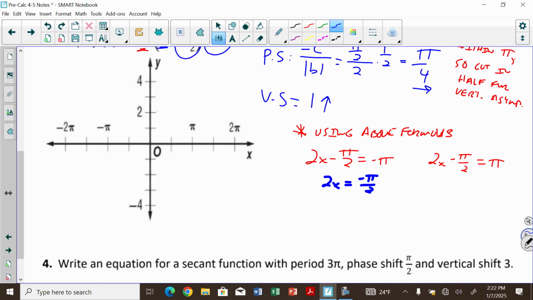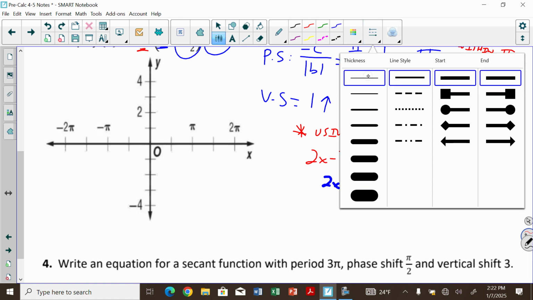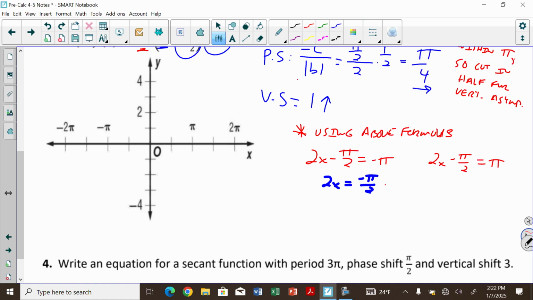Then I can multiply by 1/2 on both sides, just showing that really quick, and we end up getting x equals negative pi over 4. On the other side, basically I'm adding pi over 2 to the other side, so add pi over 2, add pi over 2.